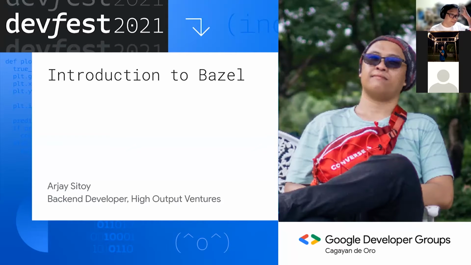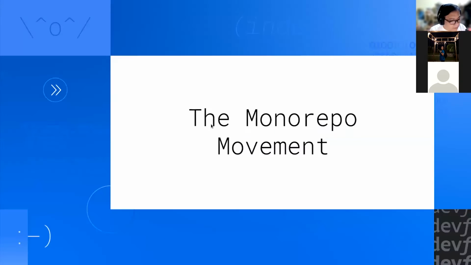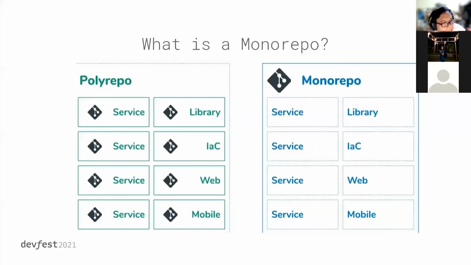So, introduction to Bazel. Before we can really start with the Bazel stuff, we need to understand the motivation of why we are using Bazel. The first motivation is the monorepo movement. So what is a monorepo?